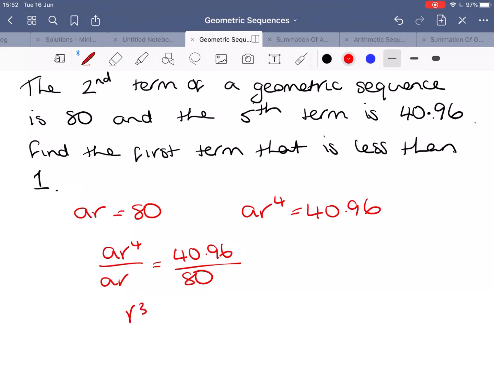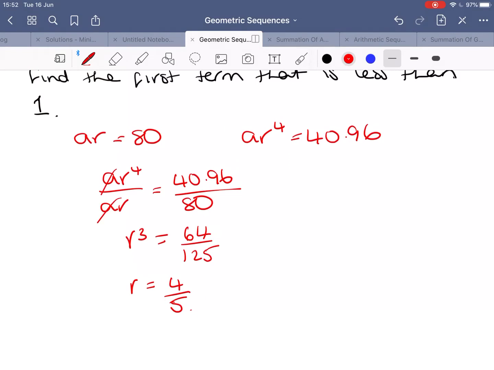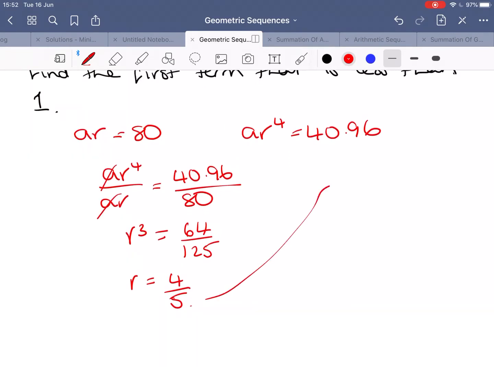So that means my r cubed, because the a's cancel and one of the r's cancels, is 40.96 divided by 80, which is 64 over 125. Which means my common ratio is the cube root of that, which is 4/5. Okay, let's use that in ar equals 80.